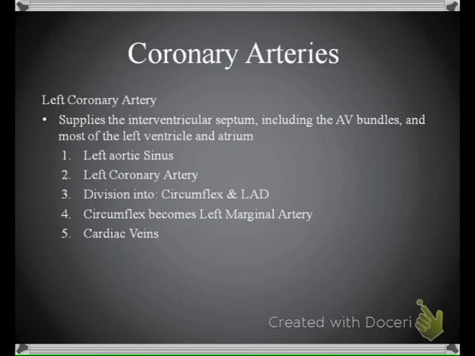So the left coronary artery supplies the interventricular septum, including the AV bundles, and most of the left ventricle and atrium. And so if we look at this, it instantly appears that the left coronary artery really doesn't play as detrimental a role because it really doesn't supply as much. But if we look at what it does supply, we see that it's the left ventricle and left atrium.